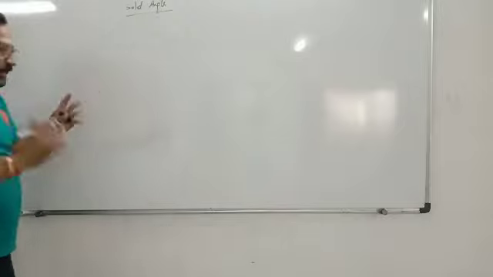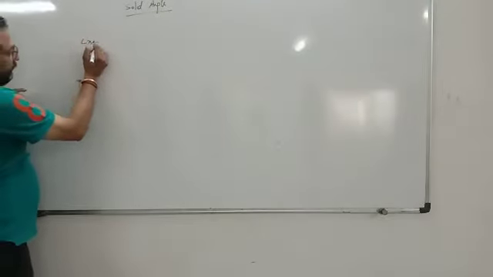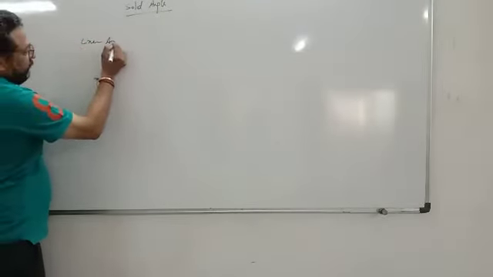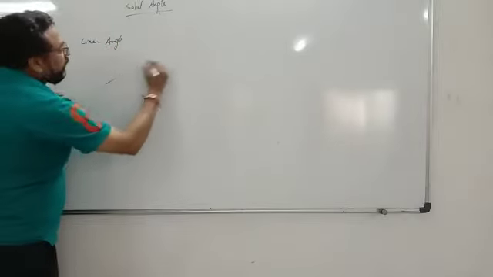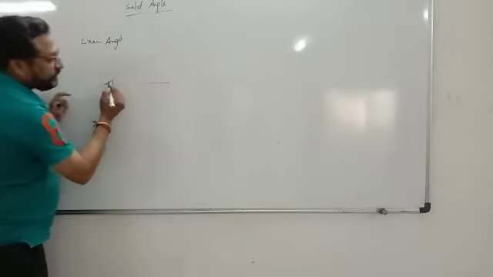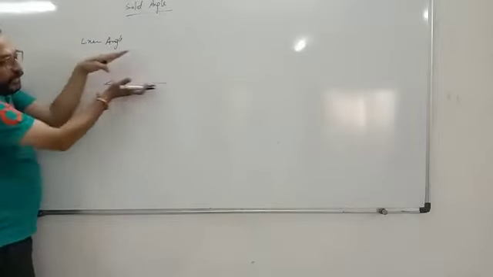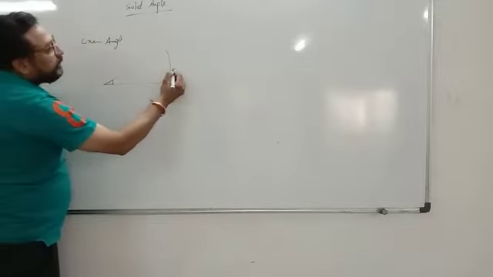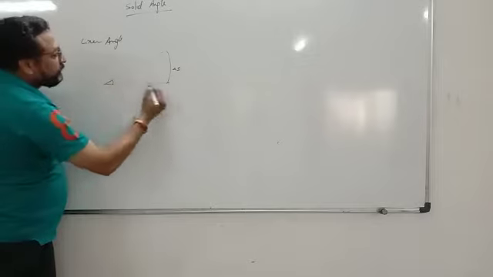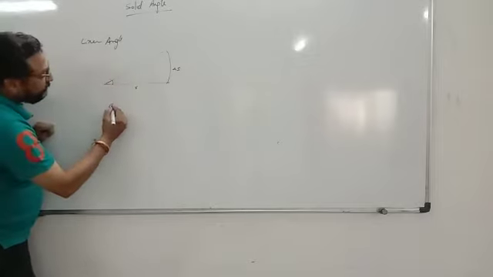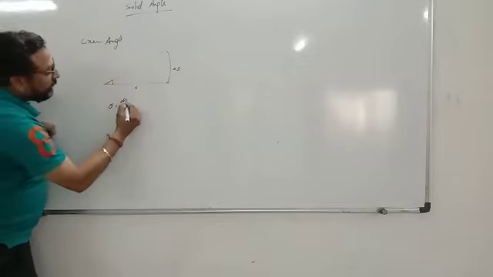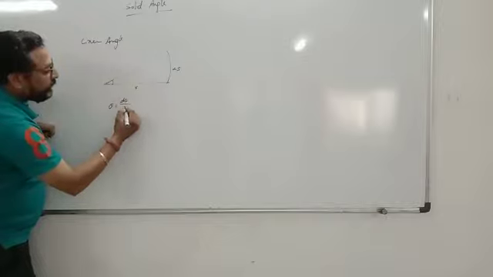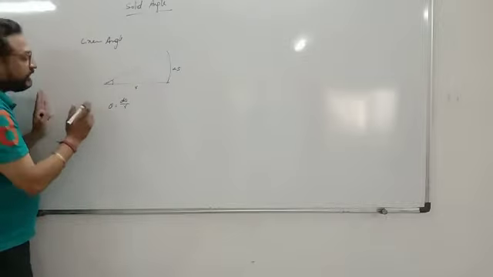We know the linear angle first of all. Linear angle is the angle made by two lines, and this is an arc, del s, and this is a radius component r. That means theta is arc upon radius. Simple, that is the linear angle.